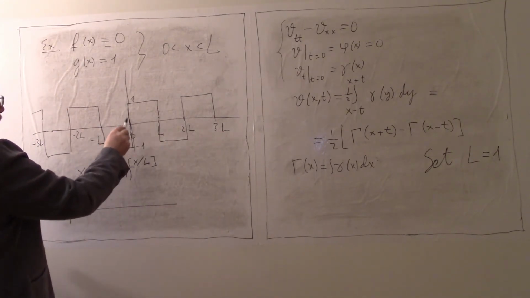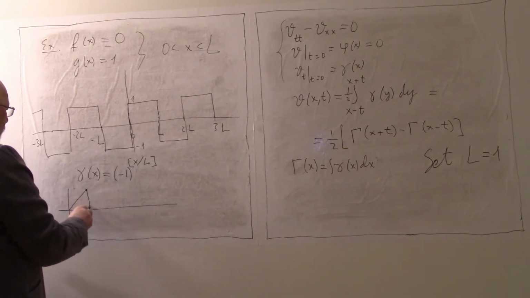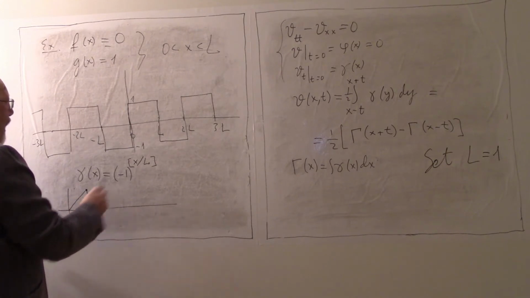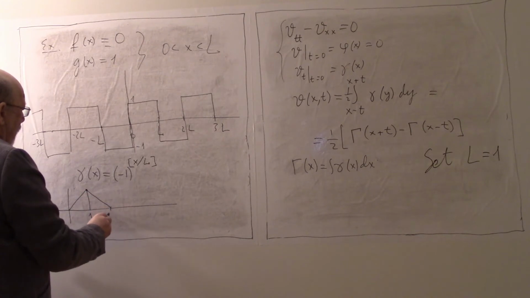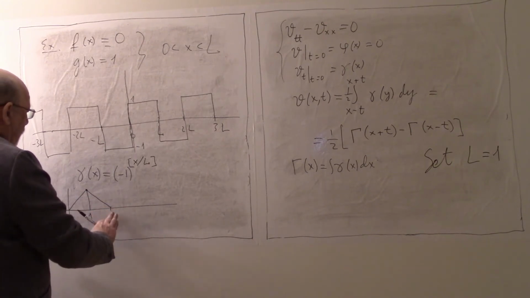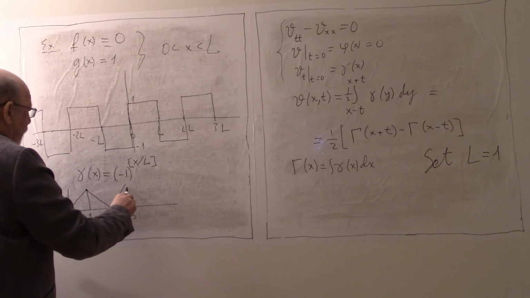Here the function integral of 1, it is x from 0 to 1. Now it is minus 1 at the point 2, it is again 0. Then at the end it is 2. At the point 3, it is again 1.